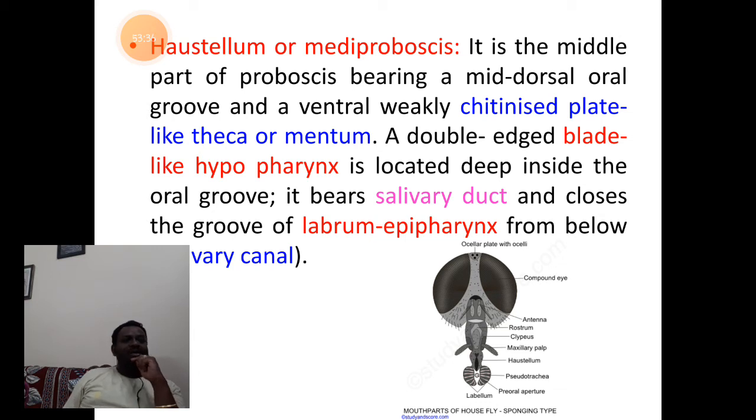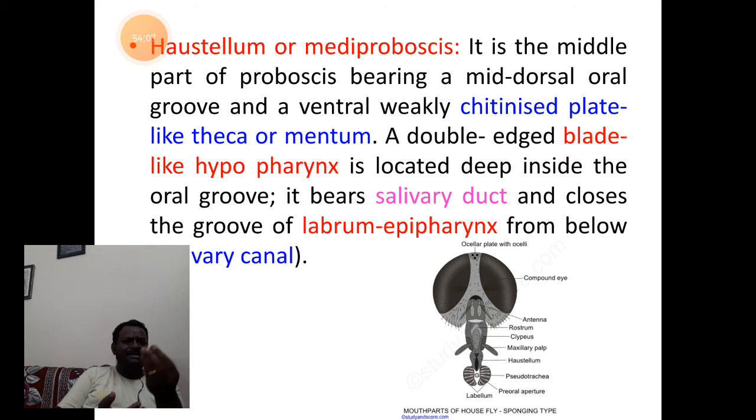So the structure of the proboscis in this area is a modified part of the hypopharynx and labrum epipharynx region. These two together form the salivary canals and salivary duct channels. Thereby, the saliva is poured more on the solid food to convert it into semi-liquid food.